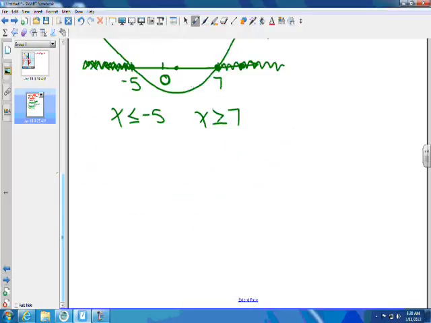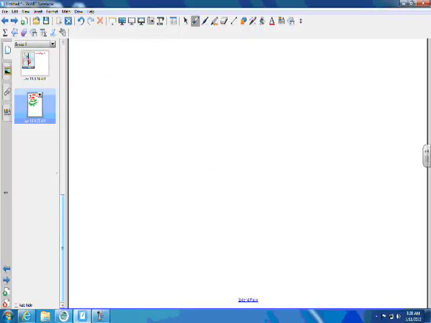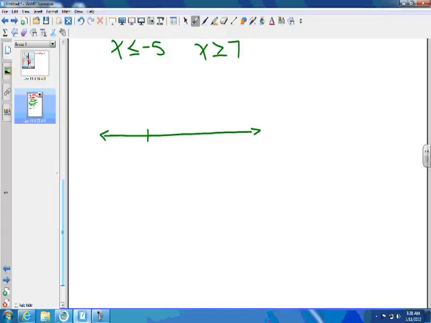I'll show you that. So we'll skip to this step. Here's your x-axis, and we found negative 1 and 4 were the places where it crossed.